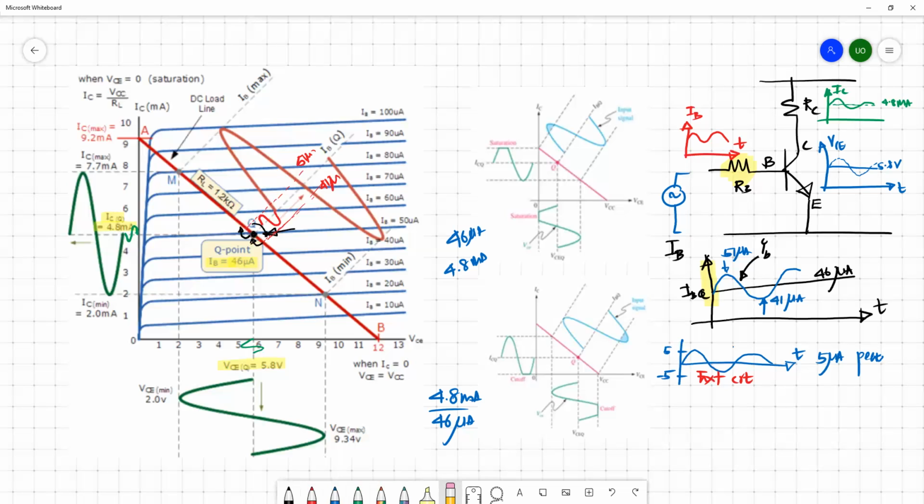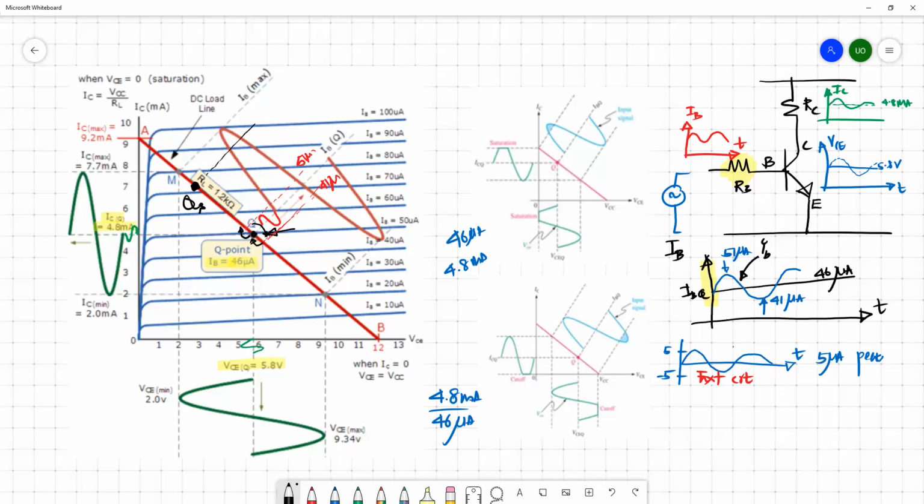If you add an input on top of this Q point, which is more towards the saturation, and you apply a symmetric external signal, there is a high chance of moving the Q point into saturation because it's pretty close to the saturation region.